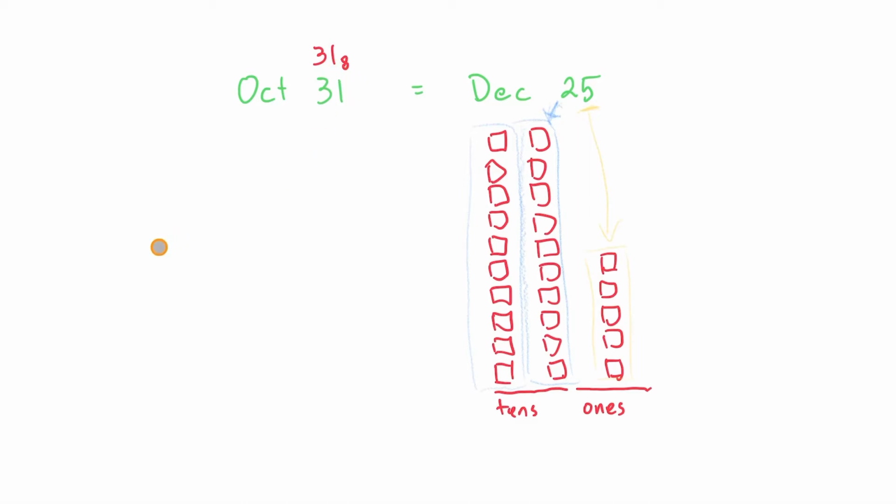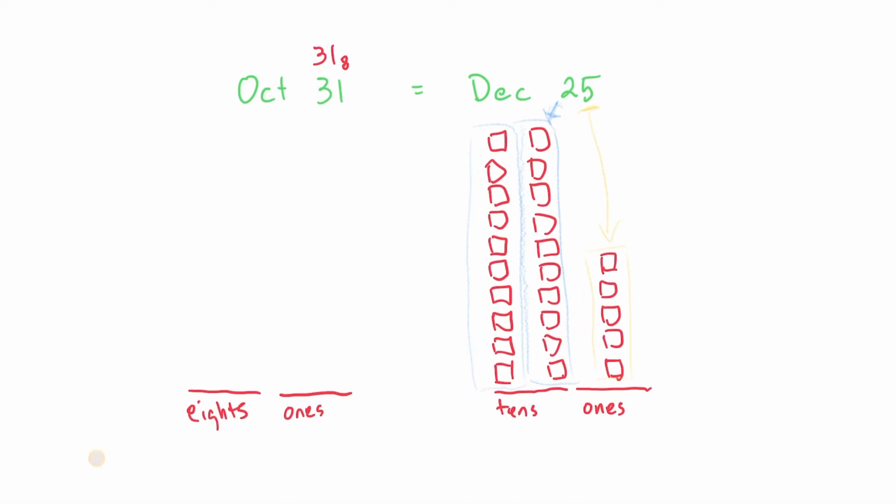So how does the octal system work? Well, it's very similar to what we did over here, only instead of a ones and a tens place, we have a ones and an eights place. So this time, once I have a group of 8, then I have to move over to the next place value. So the 3 here means that I have 3 groups of 8 and 1 group of 1.